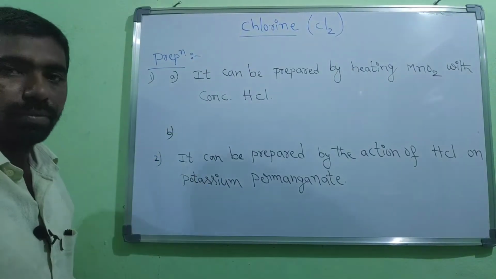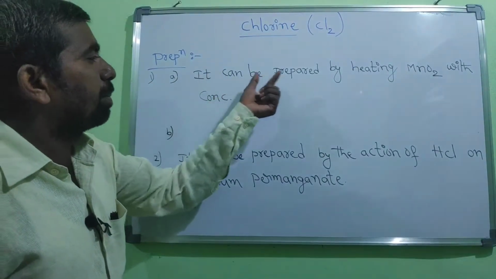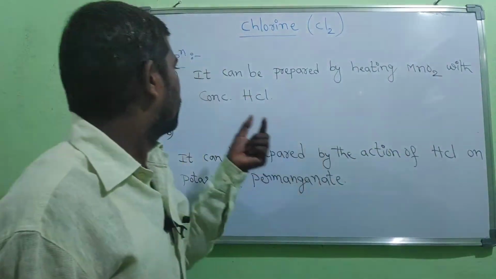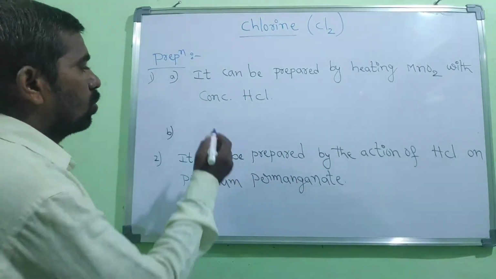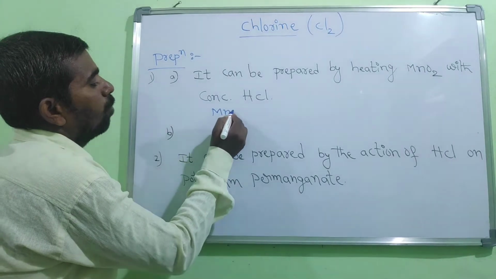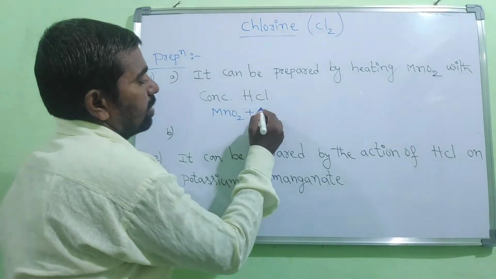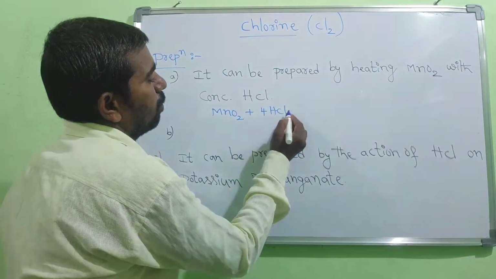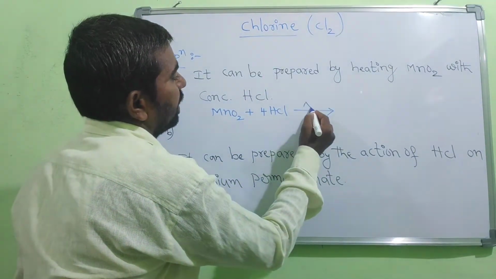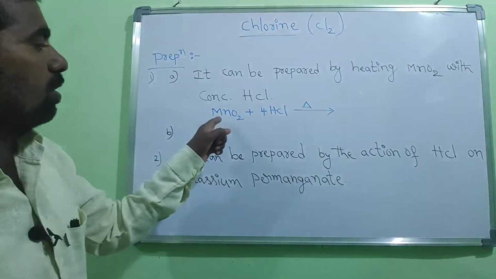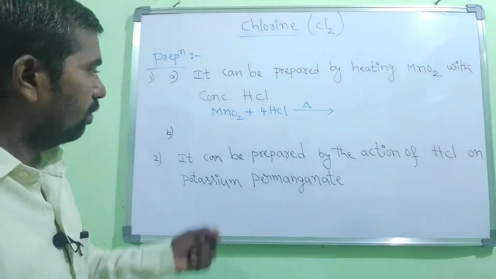So preparation, first one: it can be prepared by heating MnO2 with concentrated HCl. So I am taking MnO2 as a reactant, and concentrated HCl, 4 moles of HCl, heating. So this mixture is heated.